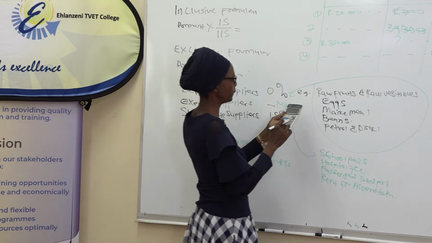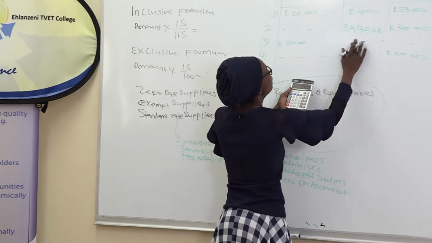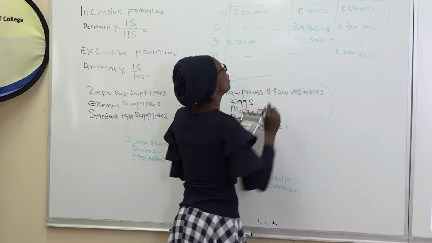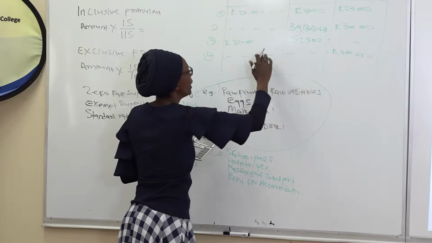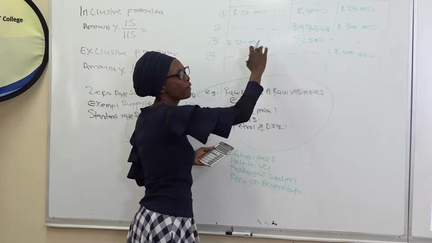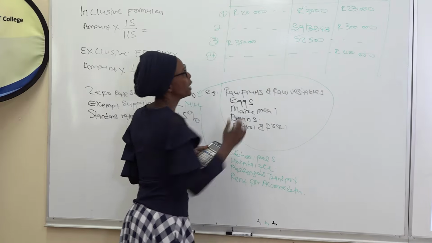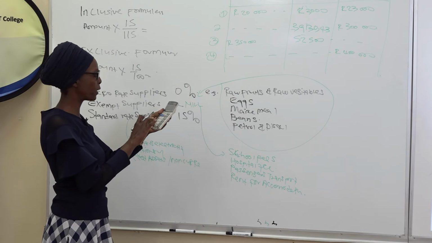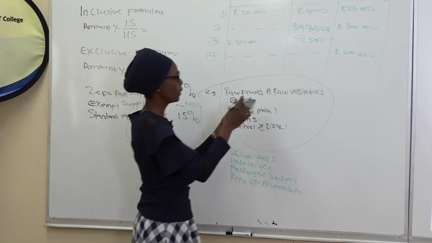Our VAT is 52,500. Then if you want to calculate the inclusive, you can add the exclusive amount plus the VAT. It will give us the inclusive amount of 402,500.